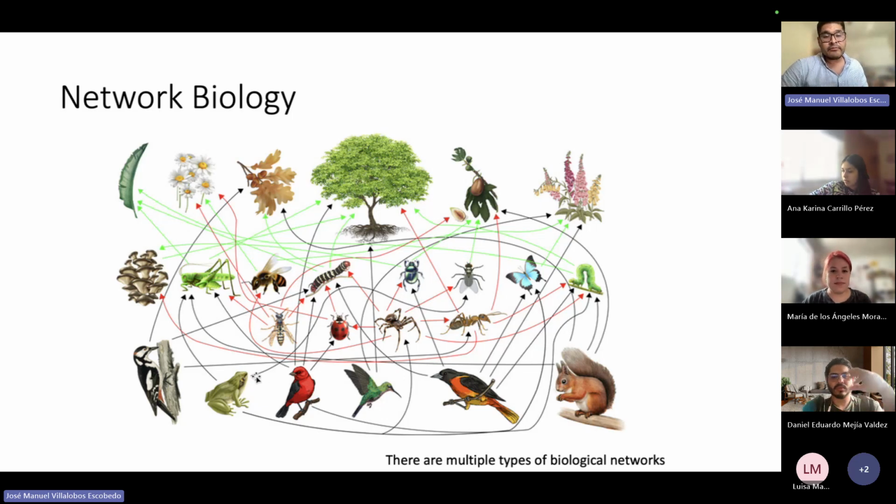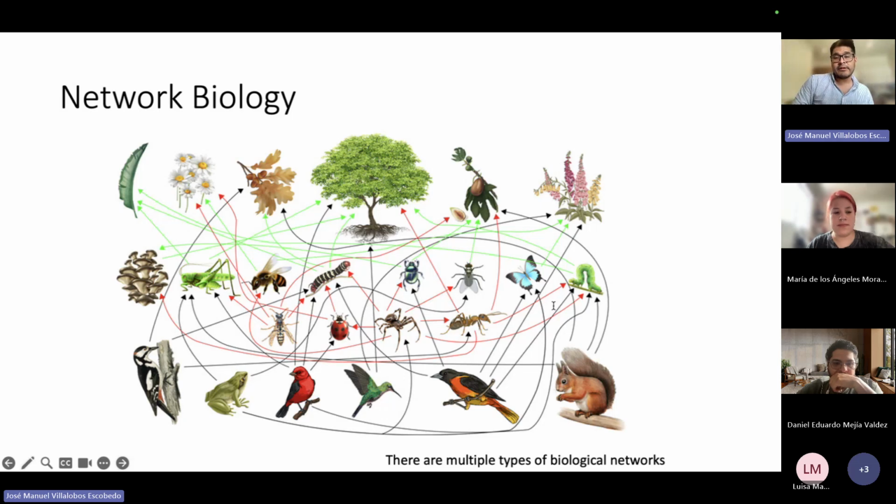Many of these networks, particularly in biology, have direction. Sometimes they have magnitude, and sometimes they are able to follow auto-regulation or changes. So there are many examples.